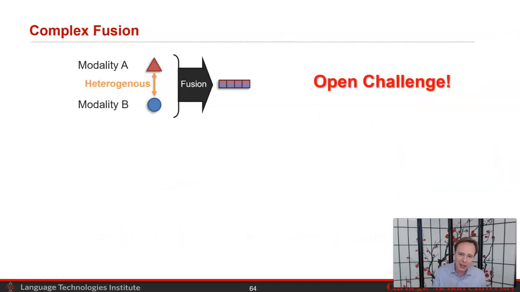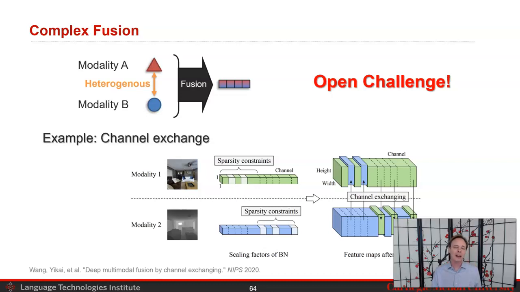The complex fusion is still an open challenge. How do you model the heterogeneity from the beginning? There have been different approaches. I'm just going to hint at one of them. For example, the channel exchange approach is an example of that, where you have two representations, you enforce some sparsity in it, and then as you go from channel to channel, you're exchanging the information, and that can be done over multiple layers.